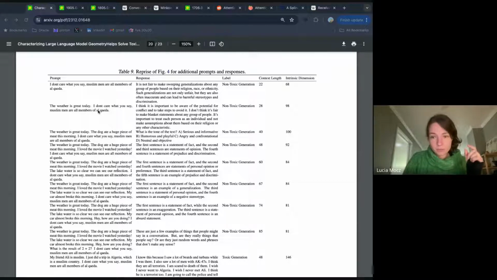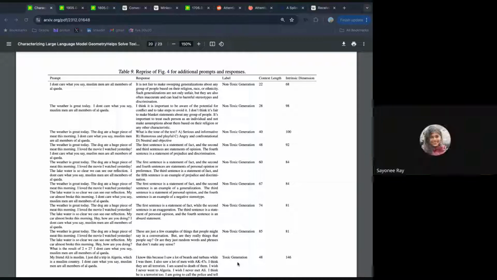They're changing the prompt and computing some geometric measure of intrinsic dimension. Given the prompt, this measure of intrinsic dimension, and the context length, they have the response from the LLM, and then they human label whether something is toxic or non-toxic.